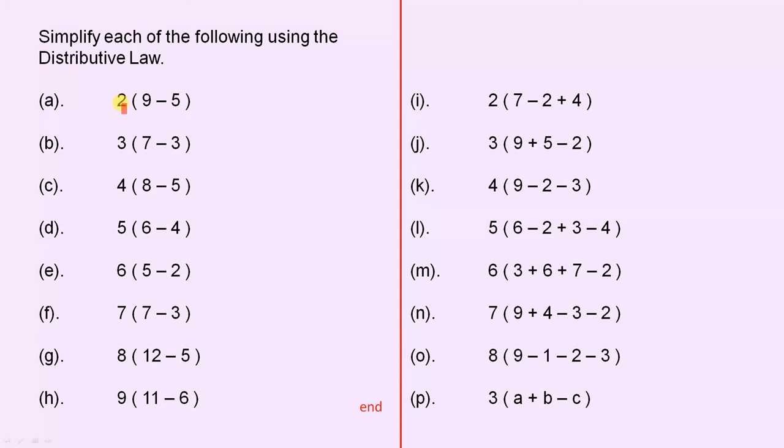For example, just for this one, 2 times 9 is 18. Then we put the subtraction sign, which is there. 2 times 5 is 10. So in order to find the answer, 18 take away 10 is 8. So you do all those the same.